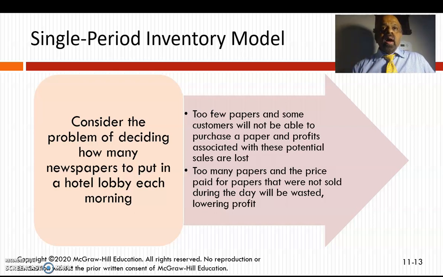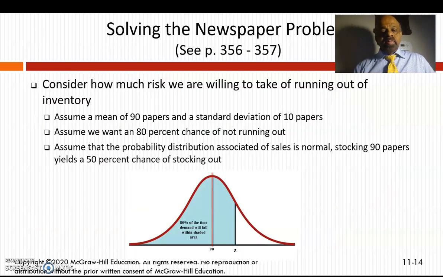At that time, did you know how many newspapers you needed so that you sell all of them? You don't want too few newspapers or too many newspapers. Too many is going to be a waste because you cannot sell them. Too few means an opportunity cost lost. Okay, so let's take this.